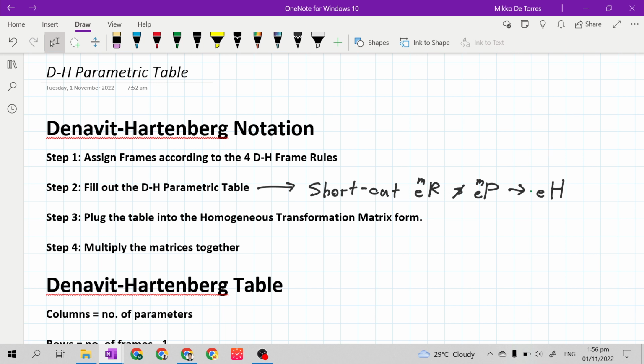But be reminded that before studying the construction and filling out of the D-H parametric table, you need to study and fully understand first what the rotation matrix, position vector, and the parts of the homogeneous transformation matrix are.